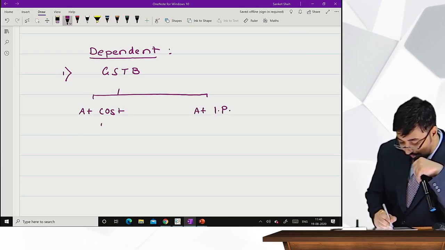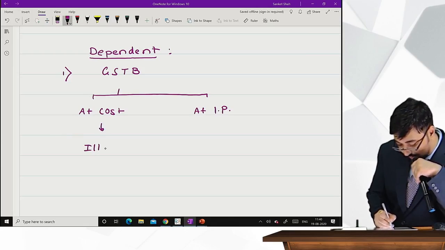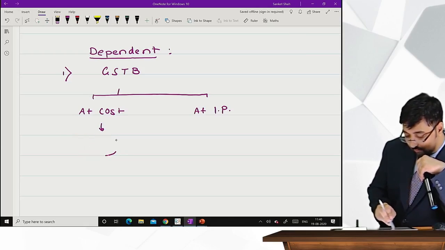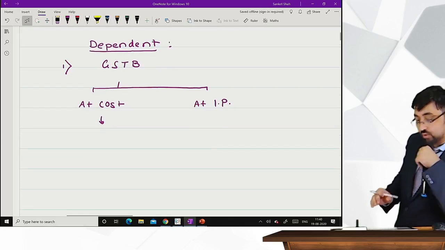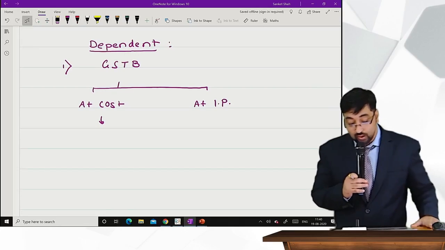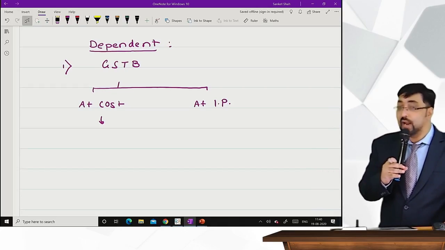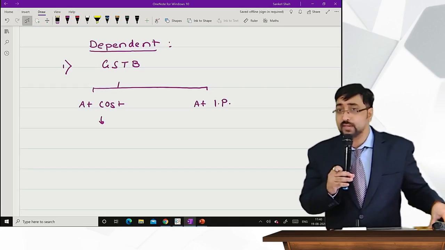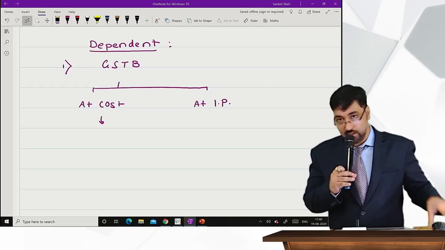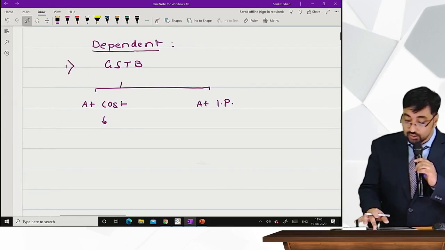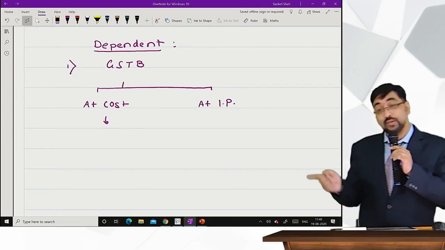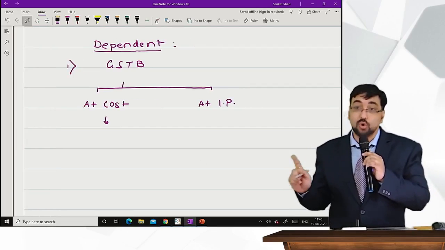So we will solve at least 2 illustrations. I will write all illustration numbers at the end. First, in today's session, we are going to solve at cost, and then we will see at invoice price. And in this, we will cover both methods, debtors method and stock and debtors method, slowly. In one question, I will solve it using debtors method and also stock and debtors method.